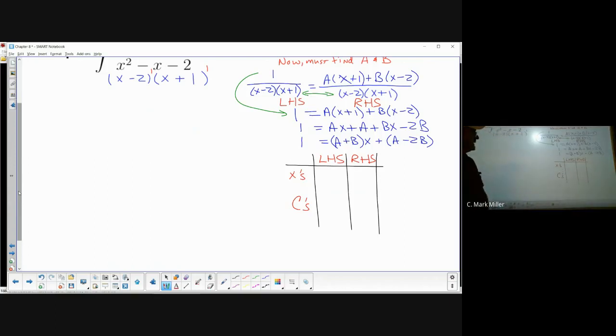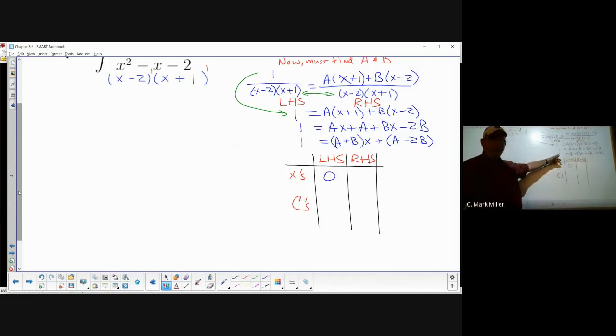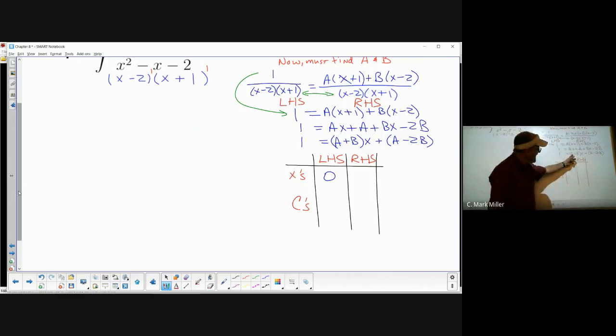Okay? Question. How many x's do I have on the left-hand side? Answer. 0. I just have a 1 there, right? No x's. How many x's do I have on the right-hand side? I have a plus b.